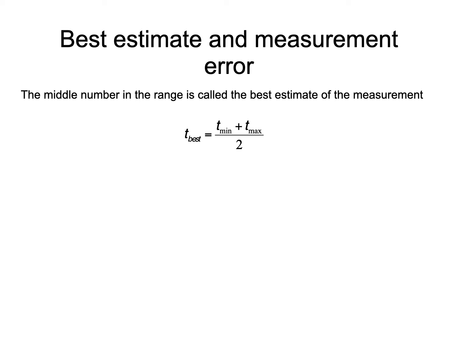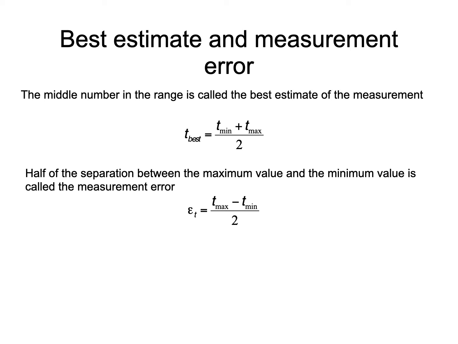What about the epsilon t? What is its significance? If it was 0, there would not be a range of values. The bigger it is, the wider the range of the possible values, and the less precision we can assign to our best estimate. It is called the measurement error.